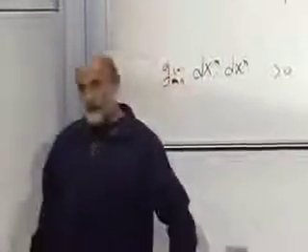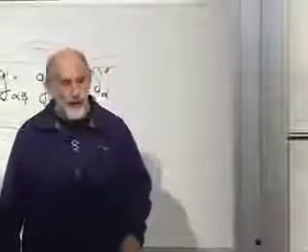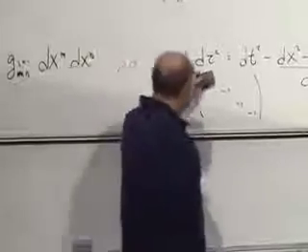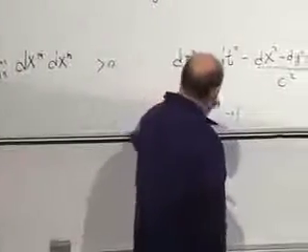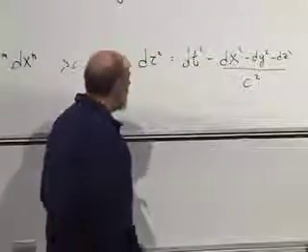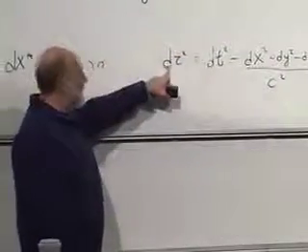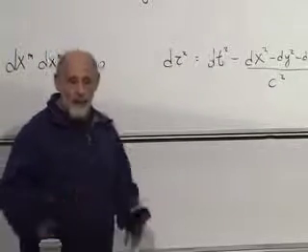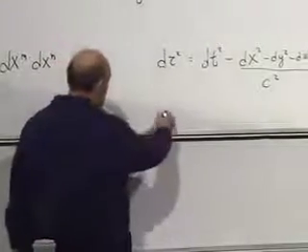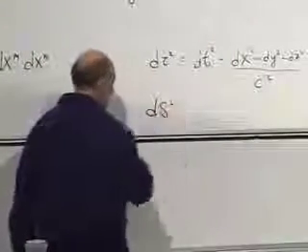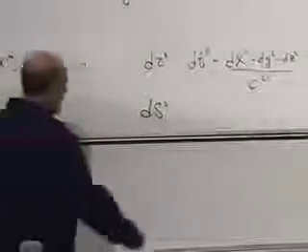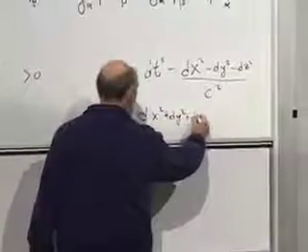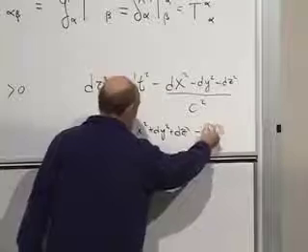Now I should tell you that if you compare with much of the literature, depending on how old the literature is, depending on the tastes of the author, and depending on how quirky the author is, one sometimes defines, instead of the proper time, a proper spatial interval, and one defines it this way: ds squared, s for space, as dx squared plus dy squared plus dz squared minus c squared dt squared.